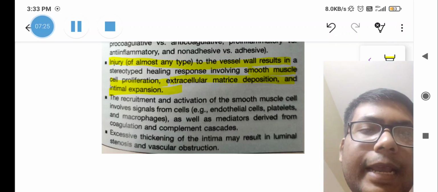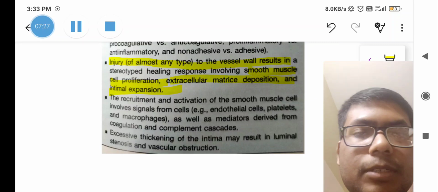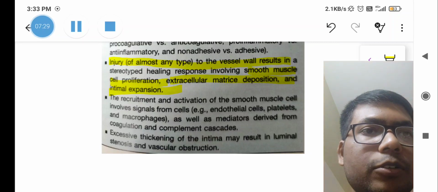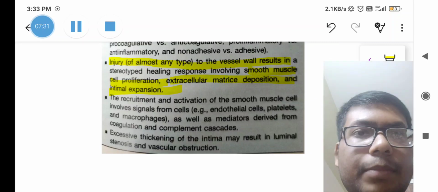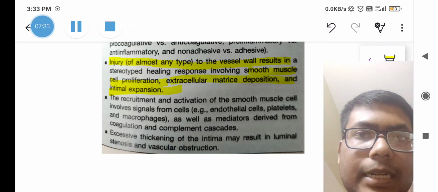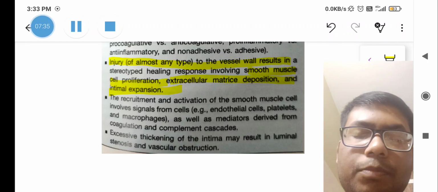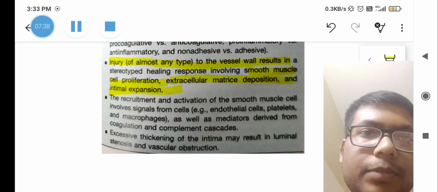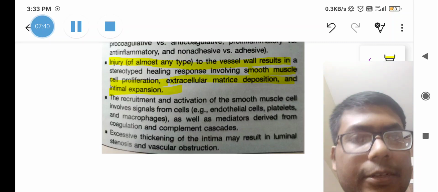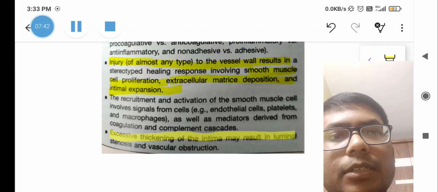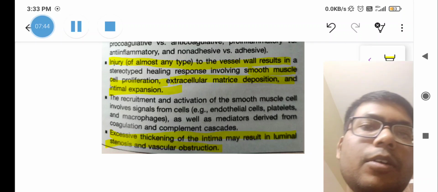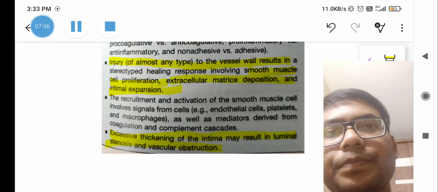The recruitment and activation of the smooth muscle cells involves signals from endothelial cells, platelets, and macrophages, as well as mediators derived from the coagulation and complement cascades. Excessive thickening of the intima may result in luminal stenosis and vascular obstruction. This is also a fate of atherosclerosis.